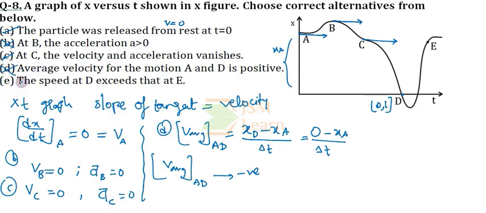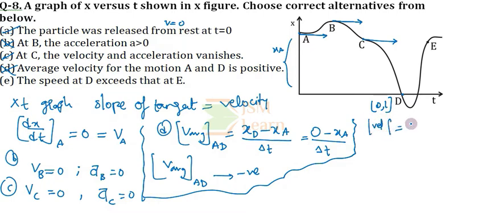Now option E says that the speed at D exceeds that at E. In order to understand that, first you should be familiar with speed and velocity. Magnitude of velocity is nothing but speed. So when they are talking about the speed at D, they are indirectly asking us to find the magnitude of velocity at point D. First you should know how to find velocity in the x-t graph.